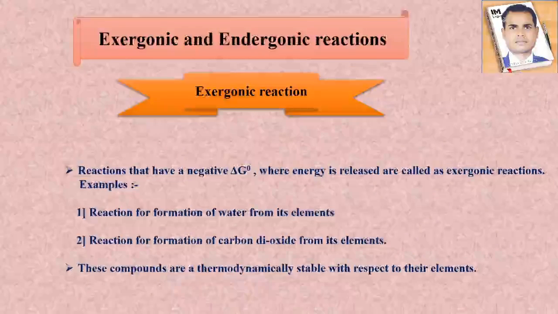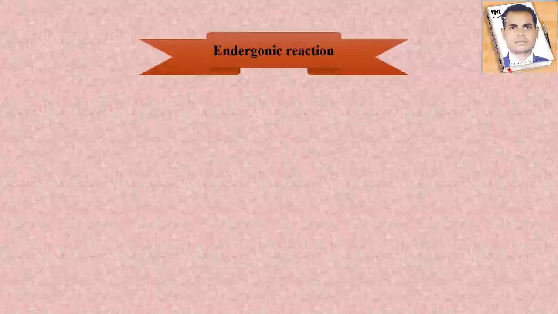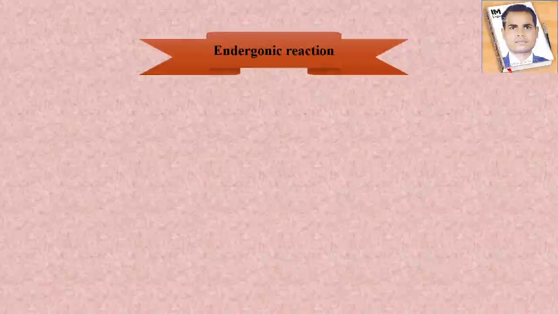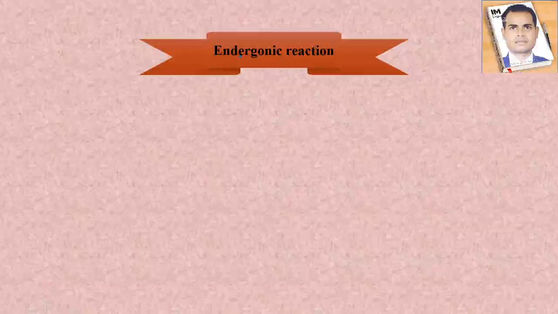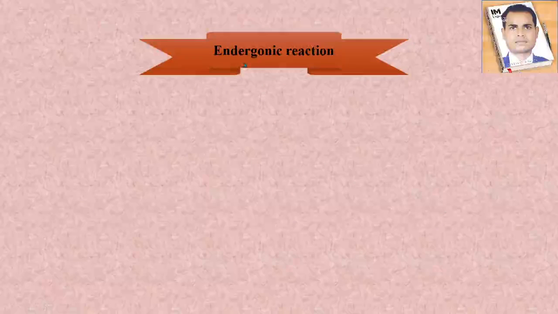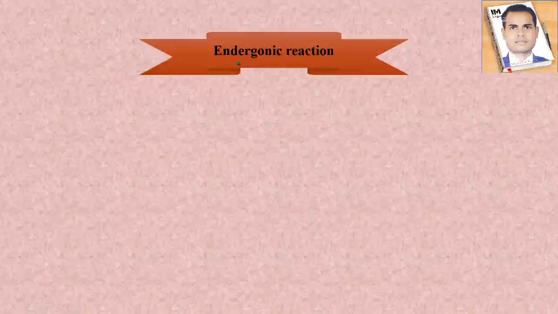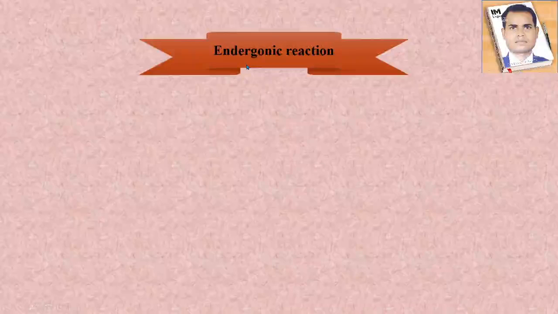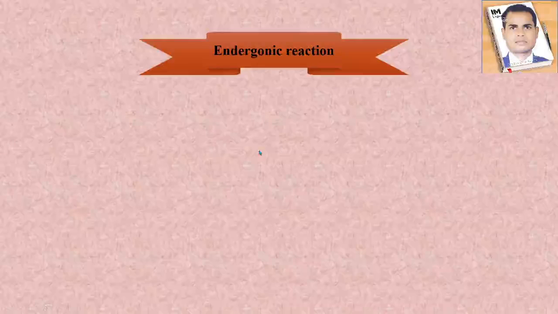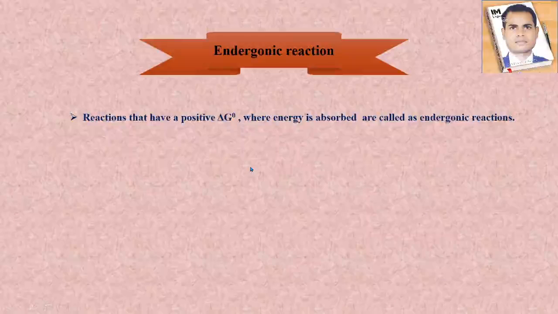Now we have to see the second type of reaction, that is the endergonic reaction. Look at the meaning of endergonic: the energy is coming from outside into the reaction.